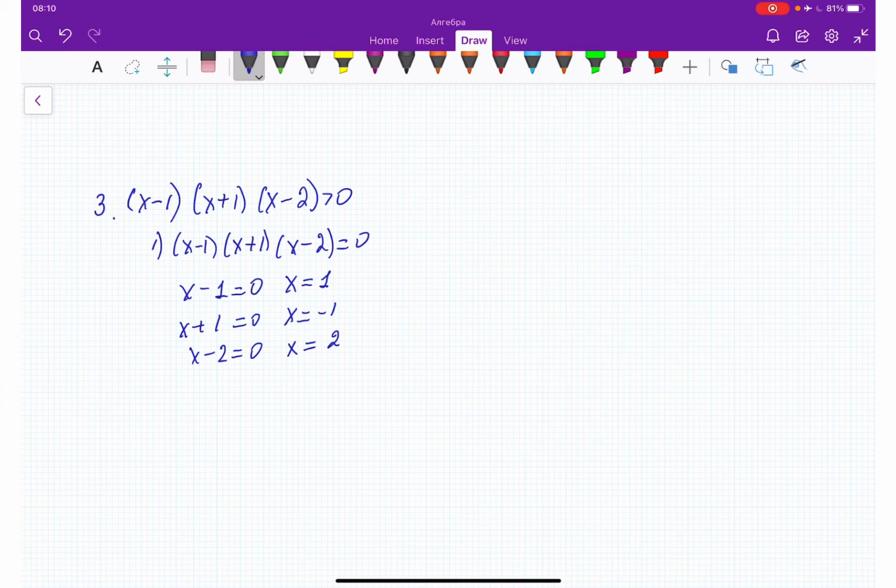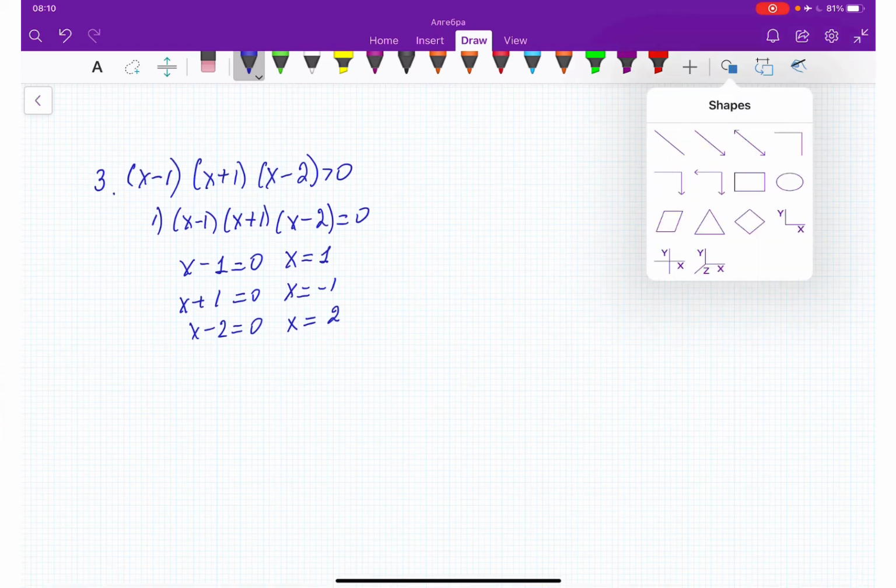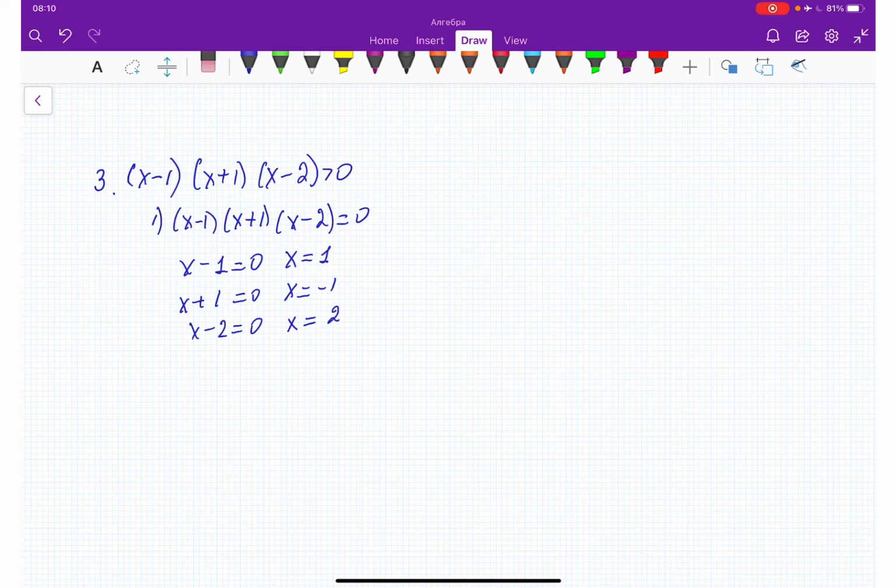So let's see. I'm drawing this line. Because the equal sign is missing, they are going to be circles, empty circles.